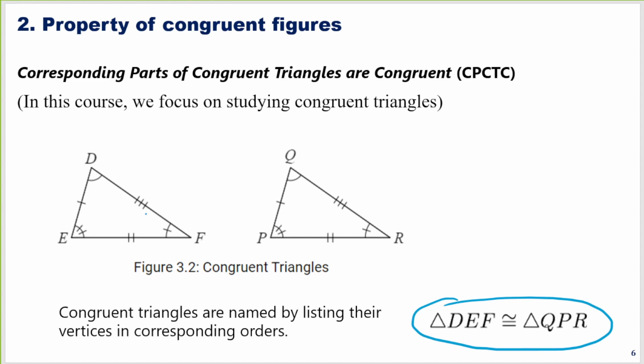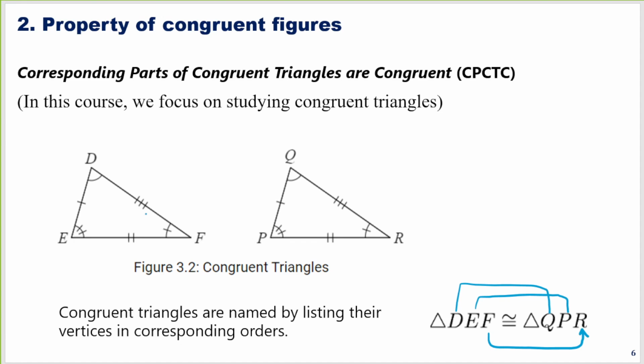Usually, congruent triangles are named by listing their vertices in corresponding order, okay? Because here, D corresponds with Q, E corresponds with P, F corresponds with R. Therefore, we list the three vertices in this order.